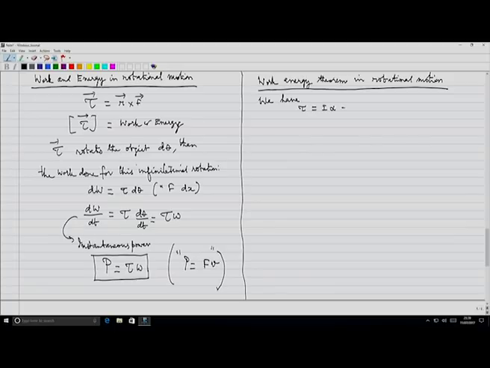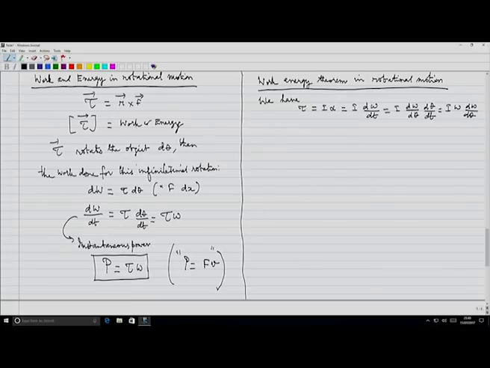So this is I into alpha, which is I times d omega by dt, the rate of change of angular velocity. A little bit of calculus, chain rule: we want to bring in the basic variable, angular displacement, so d omega by dt is d omega by d theta times d theta by dt, which is omega.